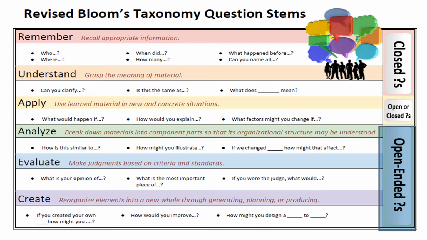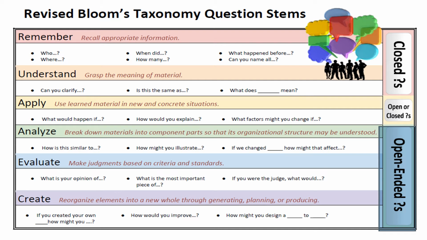So, for example, we've been working on procedural texts, haven't we, for a few weeks, and you watched a video about making a peanut butter and jam sandwich. So if somebody had written a procedural text about how to make a sandwich, maybe once you've read that text, if you were asked to come up with a question, it could be using one of the analyze stems.